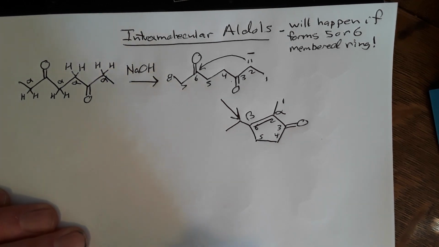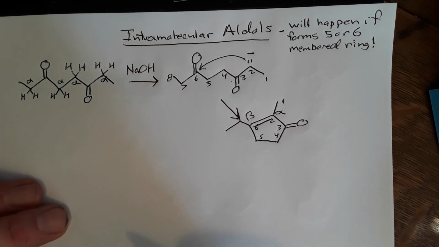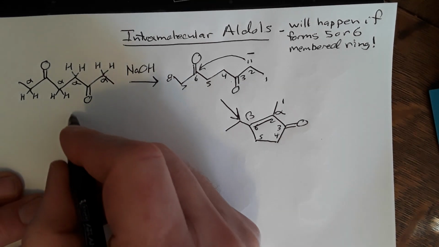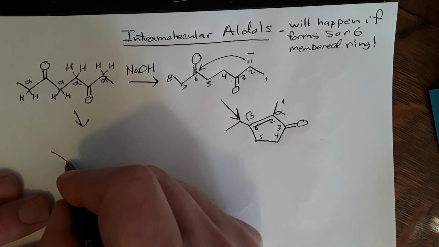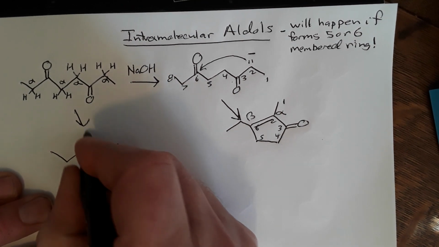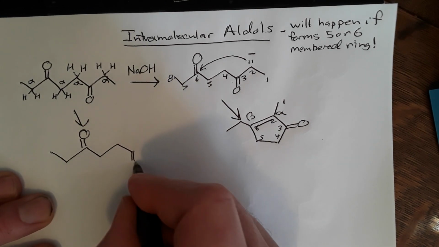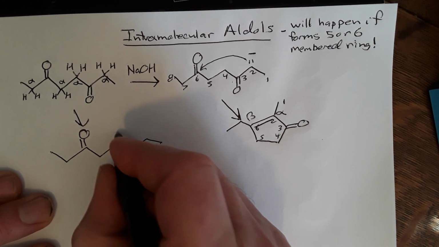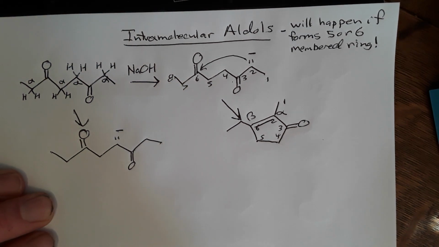But we also need to think about what would happen if we deprotonated on the other side. So in the middle here, let's draw. Here is one carbonyl, 2 carbons, another carbonyl, and our ethyl group. So let's say we deprotonated one of these.